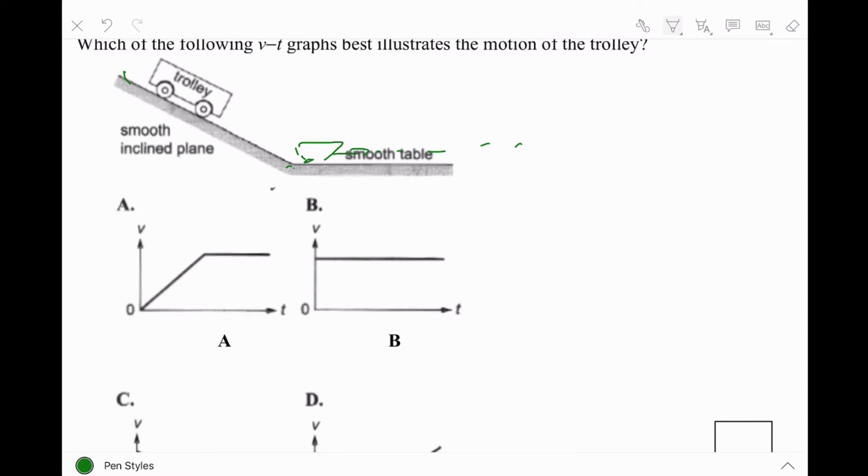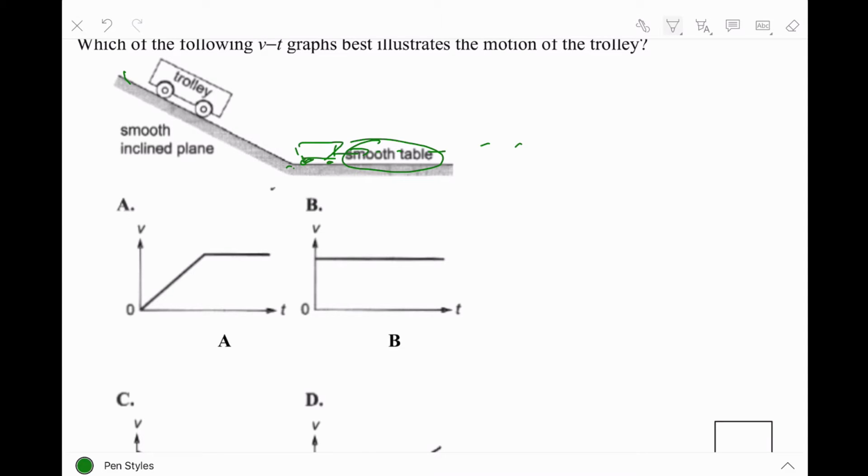Now, of course, this is what we call the textbook problems. If you really think about it, it's sort of contradicting. Think about if a table is really smooth, can the wheel rotate? No. For the wheel to rotate, there must be friction. So don't worry, don't argue all these subtle things.